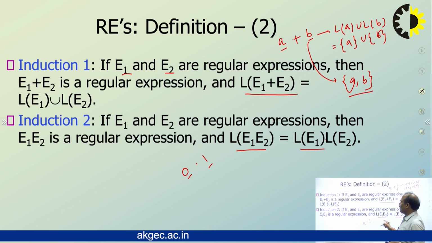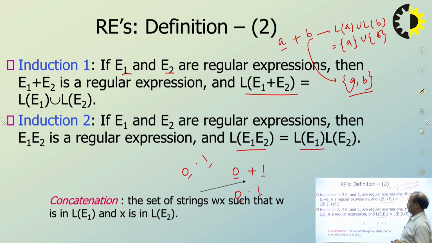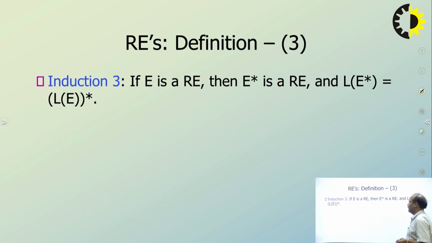If we conclude induction 1 and induction 2: 0 is a regular expression, 1 is a regular expression, so 0 plus 1 is also a regular expression, right? And by induction 2, if 0 is a regular expression and 1 is also a regular expression, then 0 dot 1 is also a regular expression. Concatenation is just concatenating one after the other.